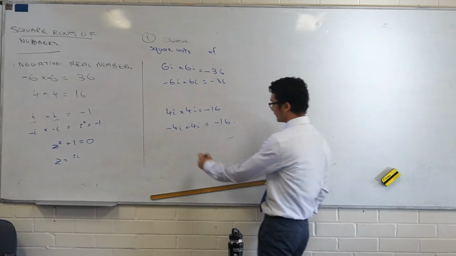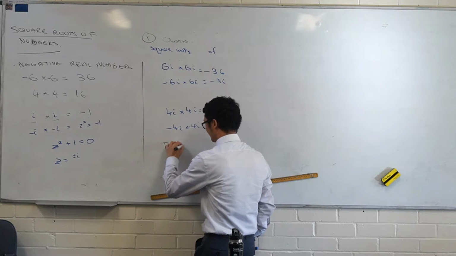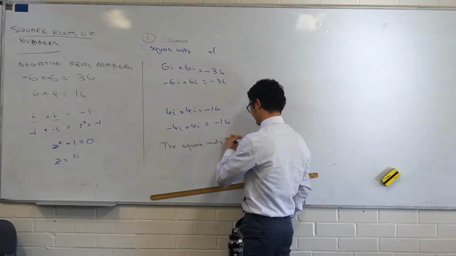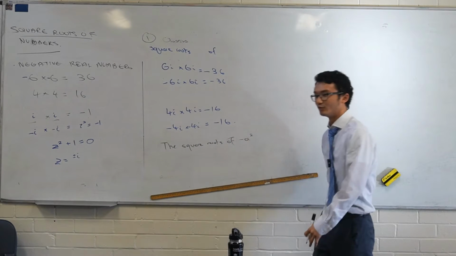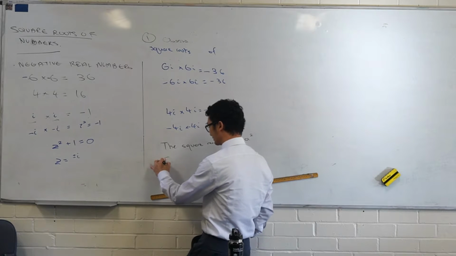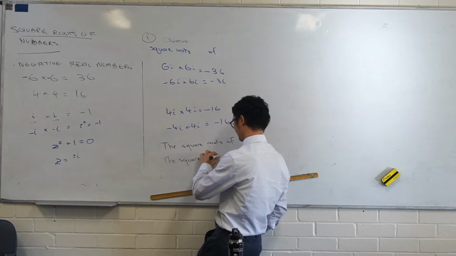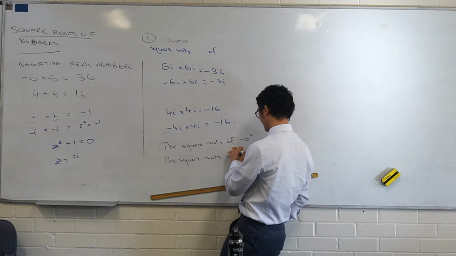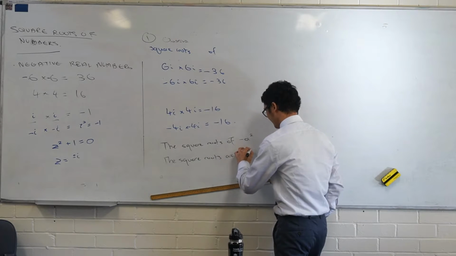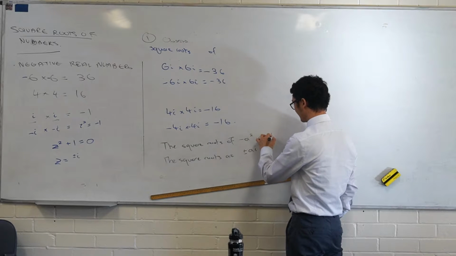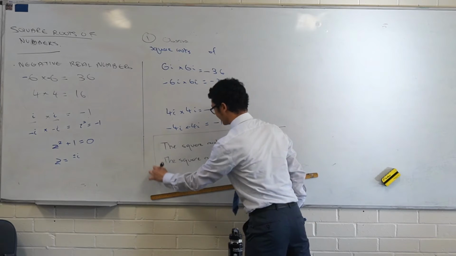If we have -a squared, what are its square roots? The square roots would just be plus or minus a times i, provided that a is some real number. That's our first observation.